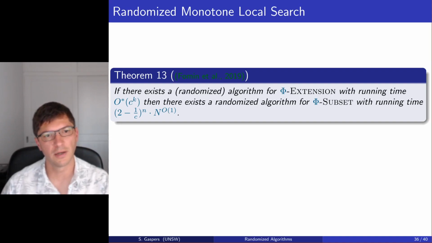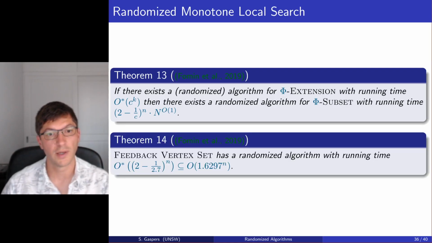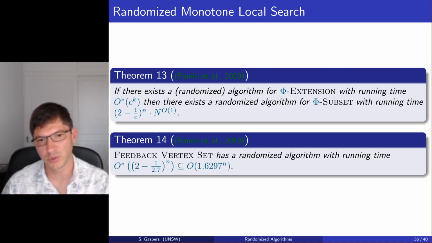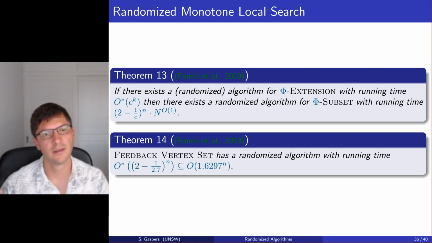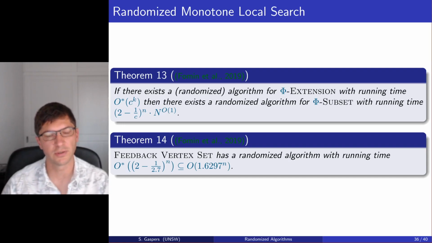Okay, so what does this imply for feedback vertex set? What is the feedback vertex set extension problem? The feedback vertex set extension problem is: given a graph and a set of pre-selected vertices that we have to put into the feedback vertex set, and an integer k, can we put k more vertices into our feedback vertex set such that we get a feedback vertex set?